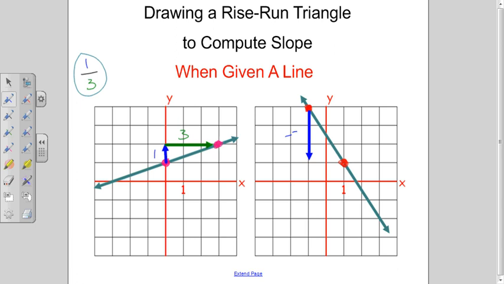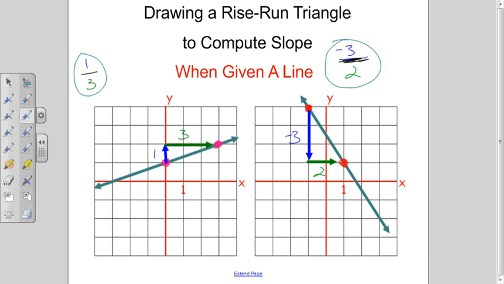I'll label that as such, followed by a run of +2, which then gives me a rise-run triangle that represents a rise of -3 and a run of +2, making the slope -3/2.